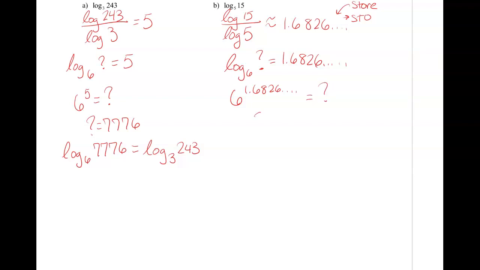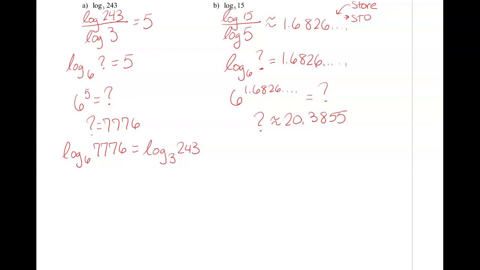So I get my question mark is approximately, what, 20.3855. Alright, and since that is my final answer, I can actually round that to 4 decimal places.